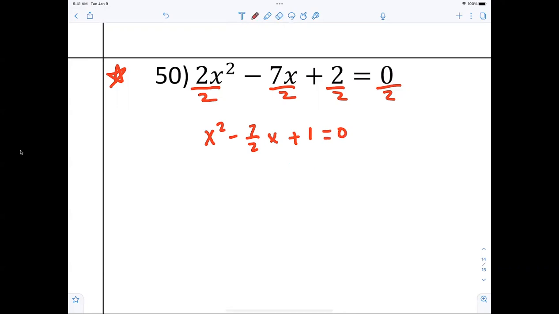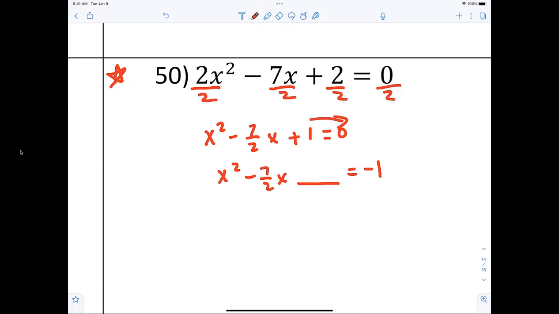Now I told you we move the constant over. So now we have x squared minus 7/2 x, leave a space, equals what? -1.